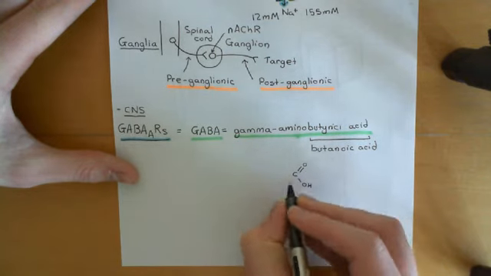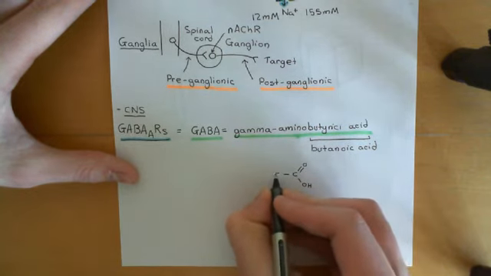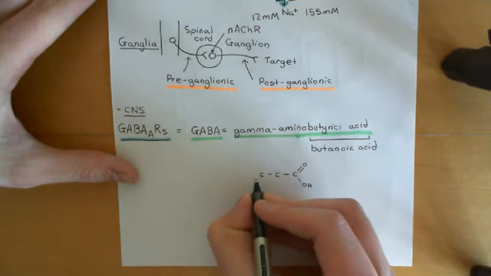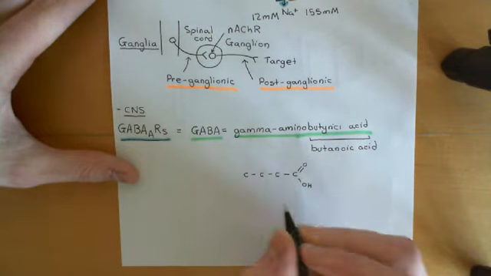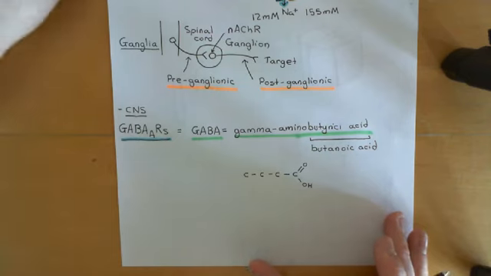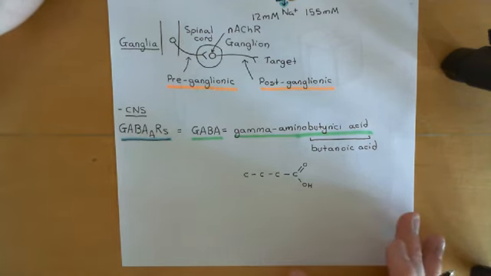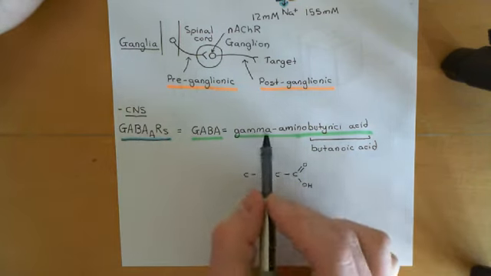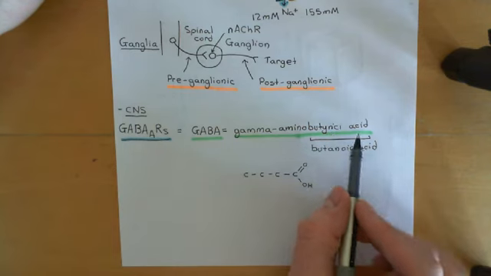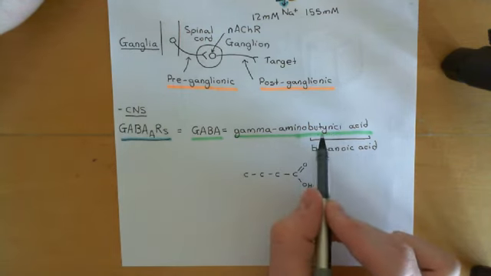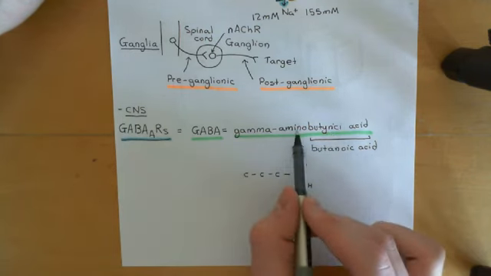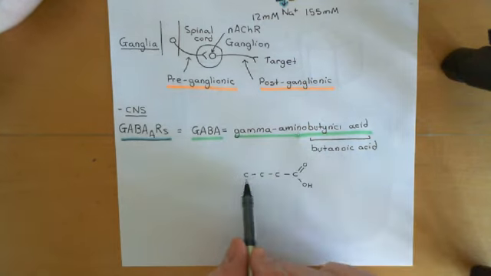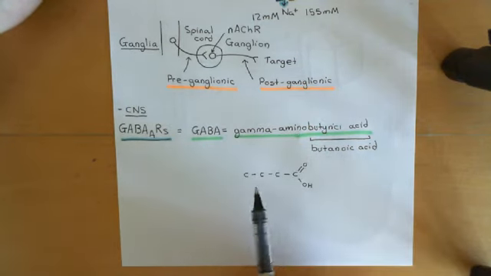Now all we need is an additional 3 carbons to take this molecule up to a total of 4 carbons. Before I add any hydrogens on there, let's just discuss the gamma amino, because we don't just want butyric acid, we want gamma aminobutyric acid. So we need to add an amino group on to one of these carbons, but which carbon is it?